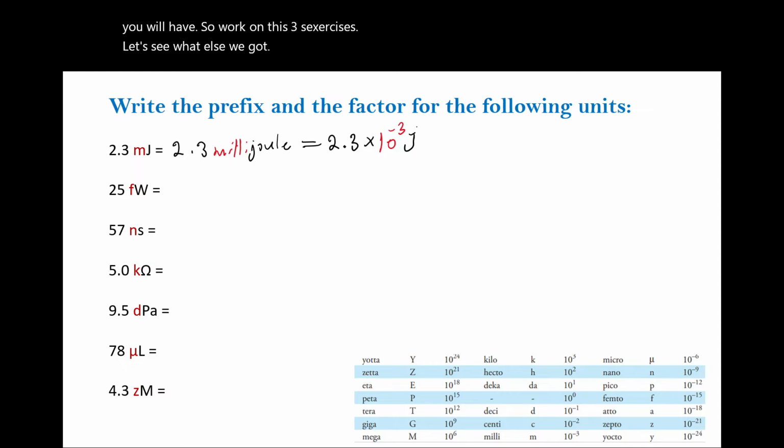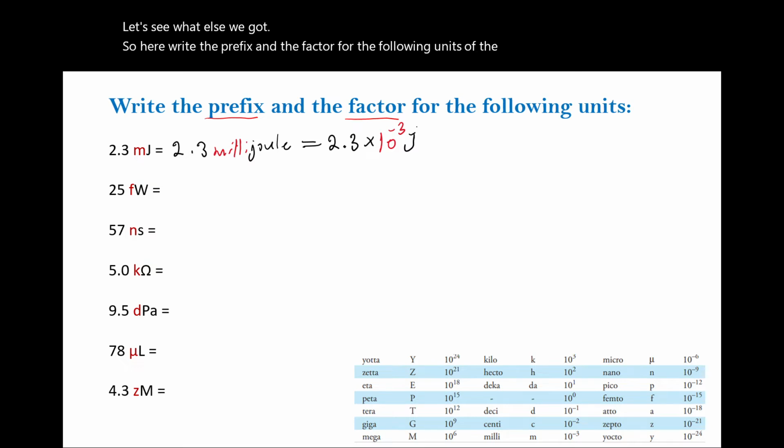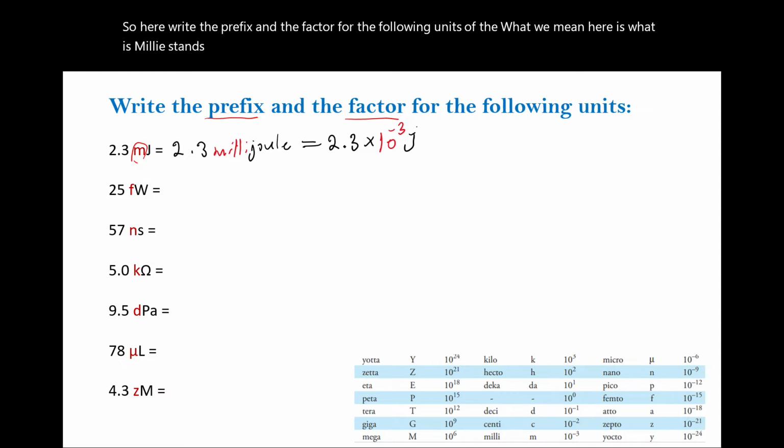So here, write the prefix and the factor for the following units. What we mean here is, what does milli stand for. So milli, m, when it is used as a prefix, is milli.